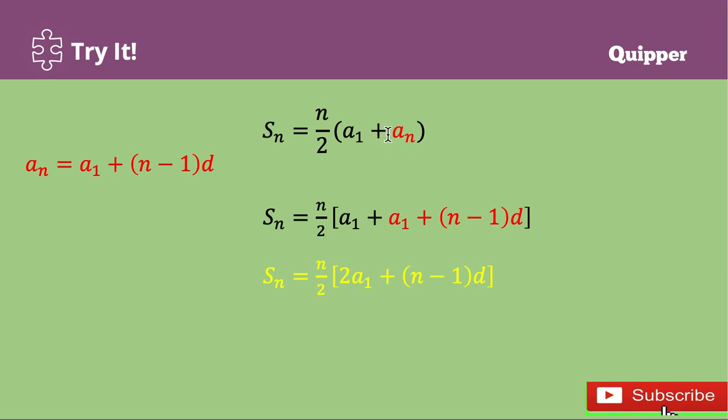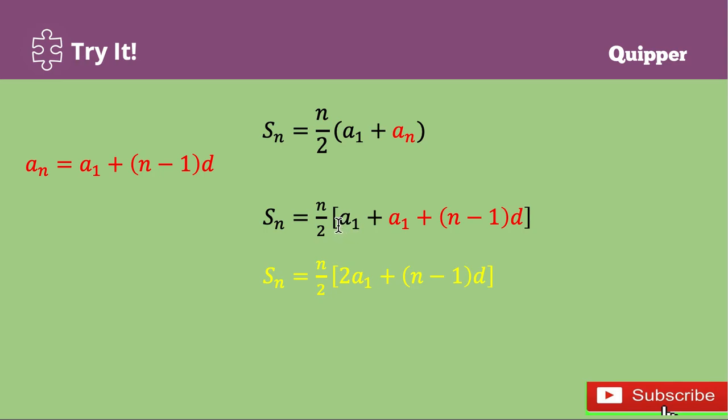Now, in order for us to get a sub n, we will be using this formula. Now, instead of writing a sub n here, I write a sub 1 plus n minus 1 times common difference, which is this one. Then just copy this, then combine like terms.